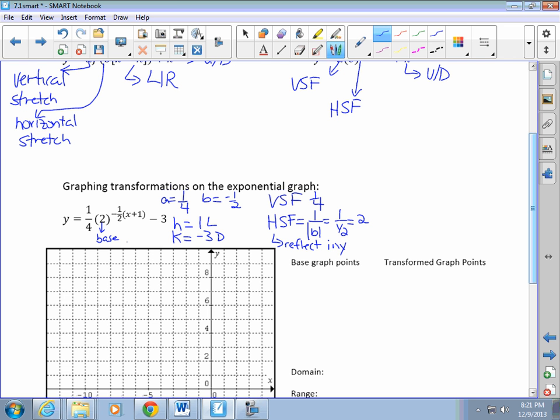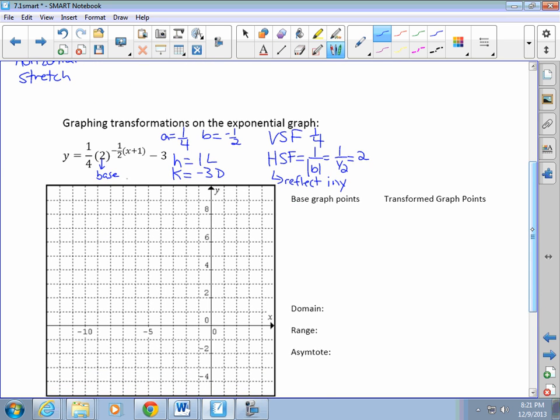Okay, so we always look at what our base graph is. So our base graph is y is equal to 2 to the x. Our whole exponential equation was 1/4 times 2 to the power of negative 1/2 x plus 1 minus 3. But the base graph with a base of 2 would just be 2 to the x.